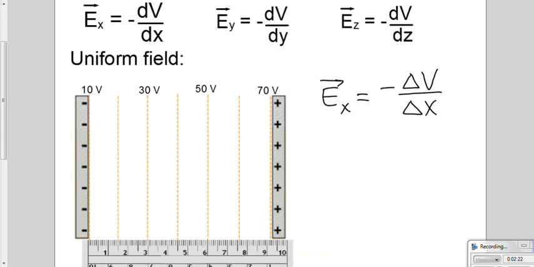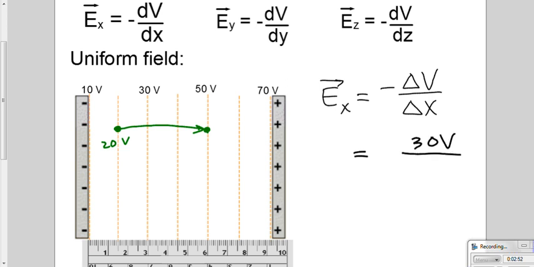So let's say we start on this potential line right here. That is, looking at the pattern, a 20 volt potential. And let's imagine we move over to here. If we just write down what our change was, we moved from a 20 volt line to a 50 volt line. So that is a change of 30 volts.